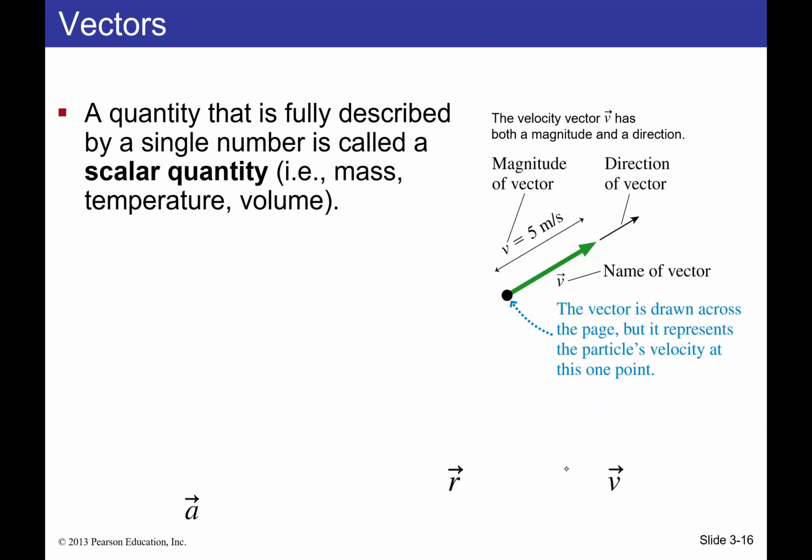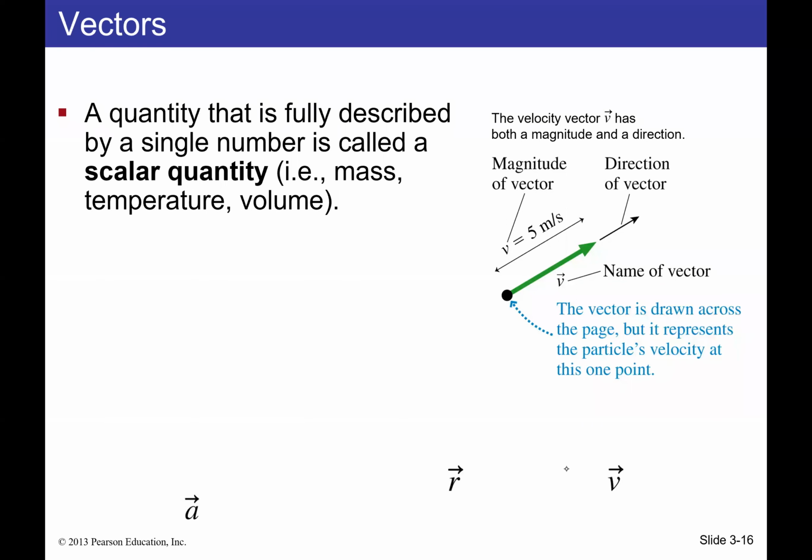In any case, what I have here is several quantities, two types of quantities that we're going to be working with. A scalar quantity, which we talked about, right? The scalar quantity is like mass, temperature, volume, speed, distance. All of those things are scalar quantities because they describe something that has only a number associated with the unit.